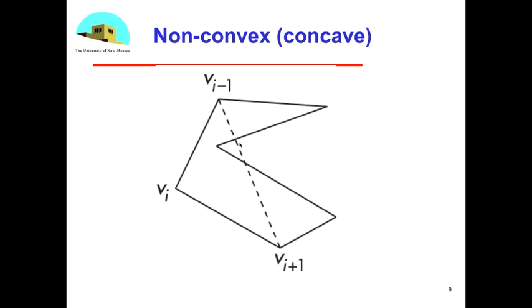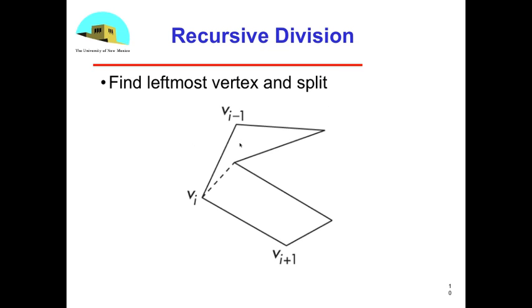So what's a better algorithm? Well, here's a very nice recursive way, and you'll see I like to do little recursive algorithms. So let's say this is the leftmost one, and I start with that one. What if I find the leftmost vertex of all the ones that are left? So there's a sorting step that goes on here, and you computer scientists and engineers know the complexity of doing these kind of sorts. But generally, this will be a small sort. There won't be that many vertices in the polygon. Now look at what happens.